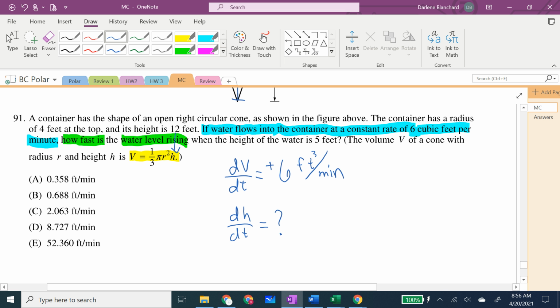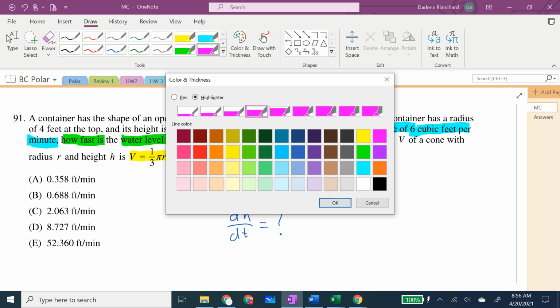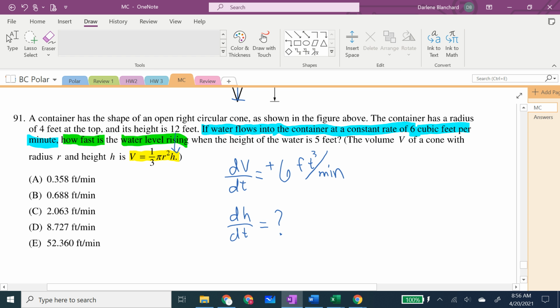Now, I am not given any other rates of change. When I look at all the other numbers, because these are things you have to do. You have to sit here and look at every single one of the numbers. I'm changing my highlight color. I'm looking at all the numbers. I've got a 4 feet. I've got a 12 feet. I've got a 5 feet.